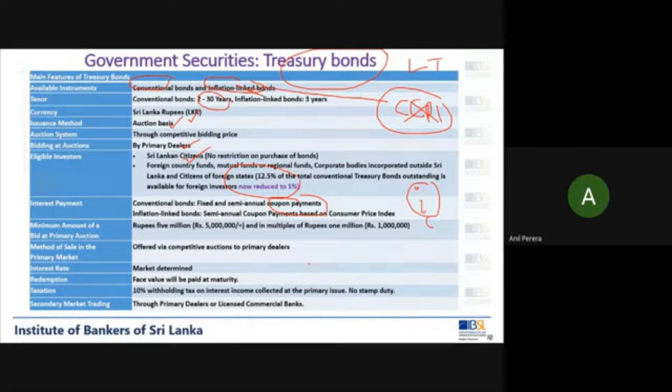Okay. Now in Sri Lanka, the volume of bonds is much bigger, because this is helpful to mobilize money for a longer period for the government.